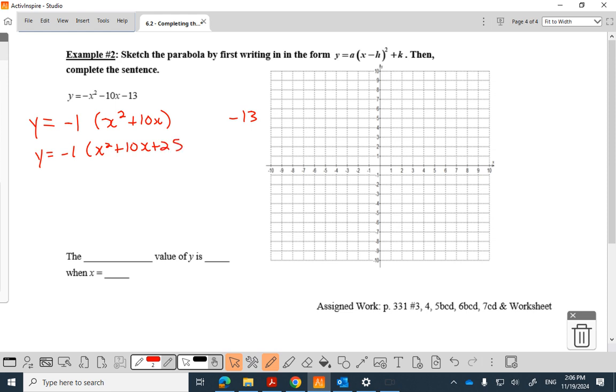No, you also got a minus 25. Squiggle the trinomial. Do yourself a huge favor and squiggle that trinomial so you know what you're doing. What 2 numbers multiply to 25 but add to 10? 5 both times.